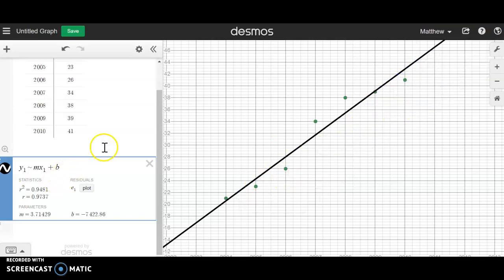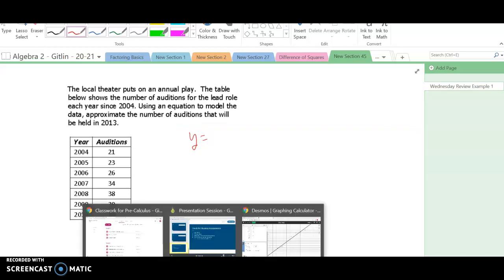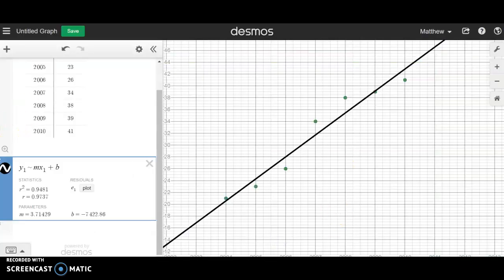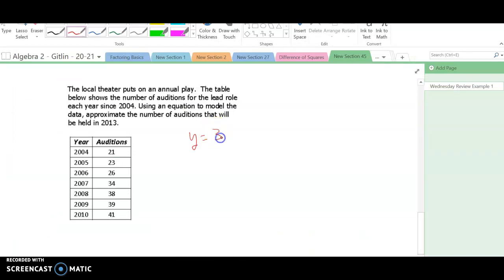Okay, let's write the equation of our linear regression. So I'm going to start with y equals, let's see what our slope was. If we look over here, parameters, I see m is 3.71. Okay. So our slope is 3.71x.